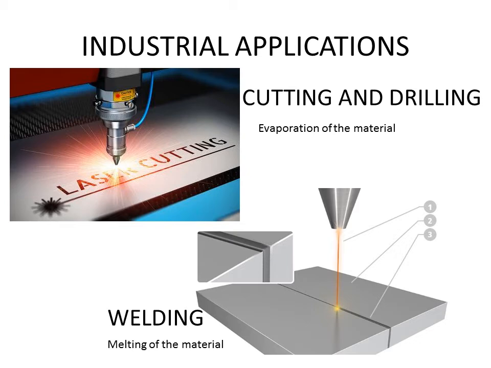But depending on the material that you want to cut or drill, you will have to use different types of lasers. For metals and also for bricks or cement, people are using the CO2 laser. It is an infrared laser which emits light at a wavelength of 10.6 micrometer.